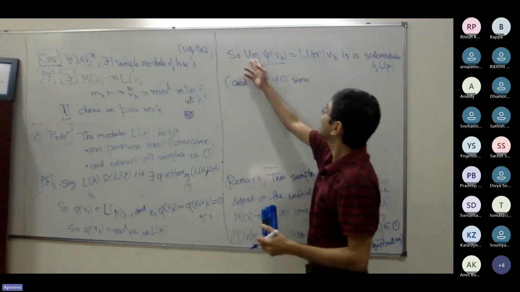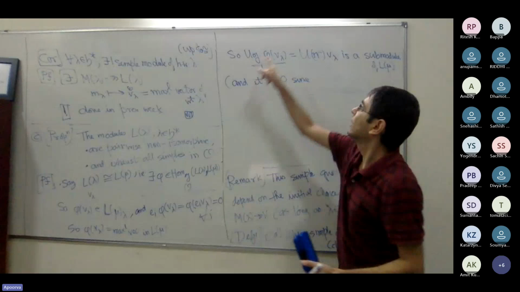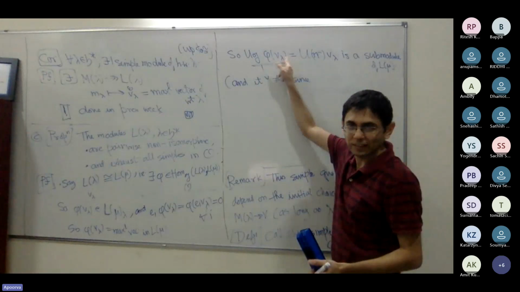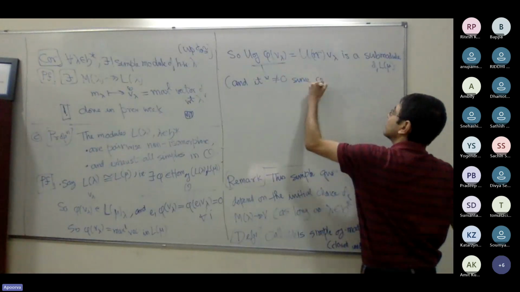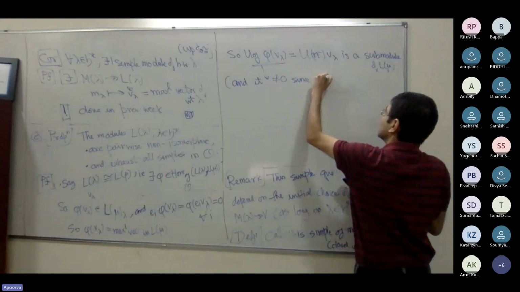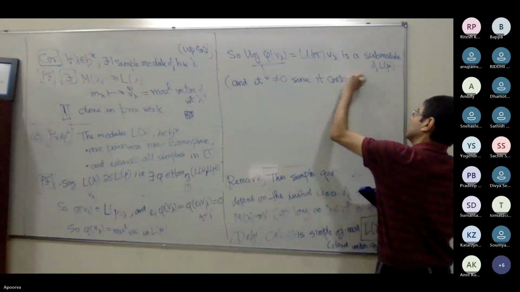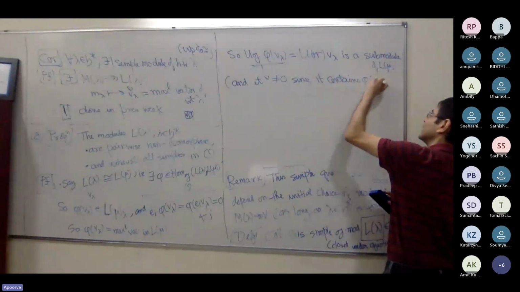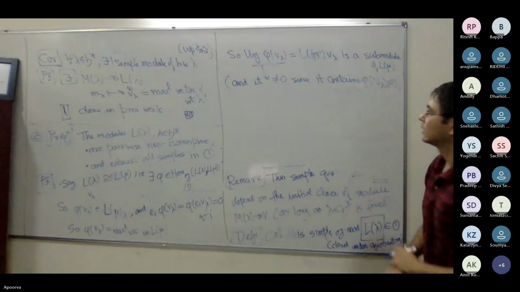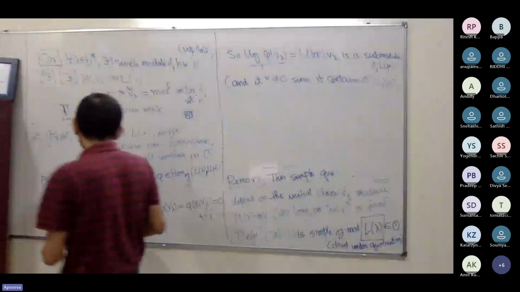Why not? Because UG contains the scalar 1 and phi of v lambda is not 0. So it contains phi v lambda. The only question is why is phi v lambda non-zero?